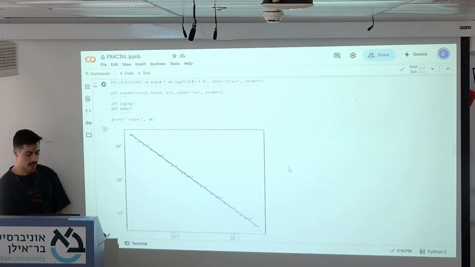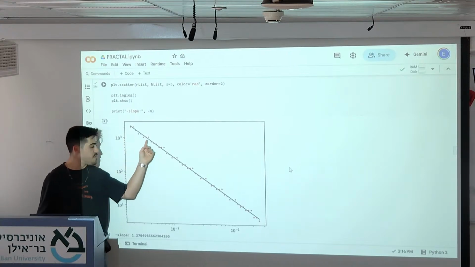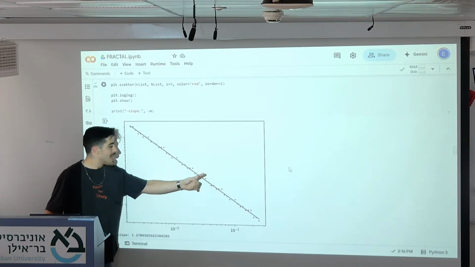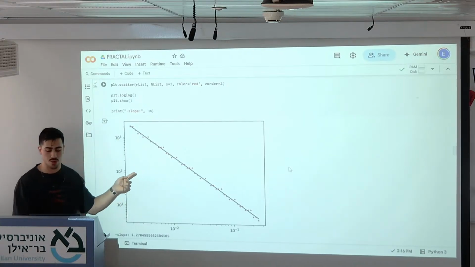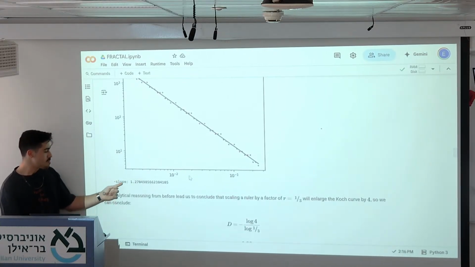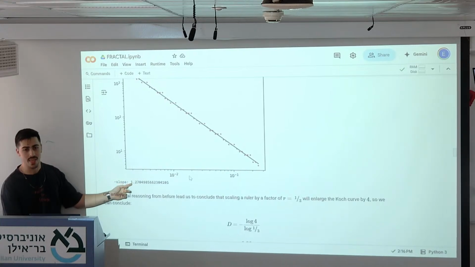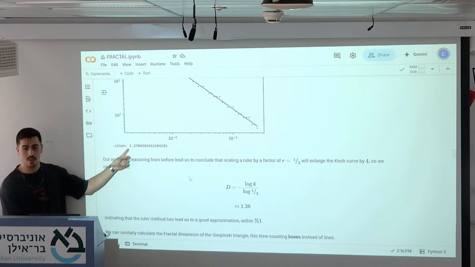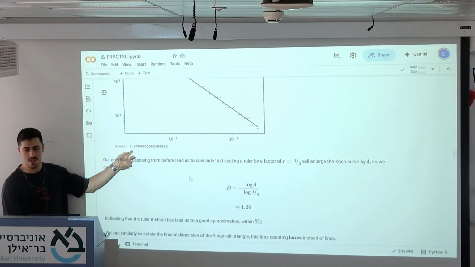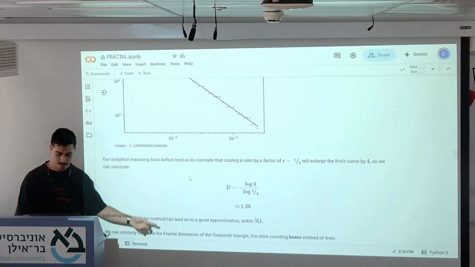And on this graph, we fit a line. And the slope of this line will be the fractal dimension of the Koch curve. And that turns out to be about 1.27. So the Koch curve is 1.27 dimensional.